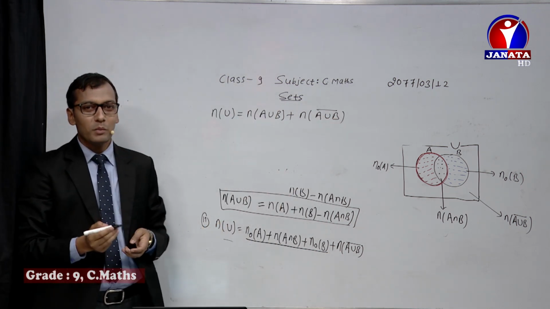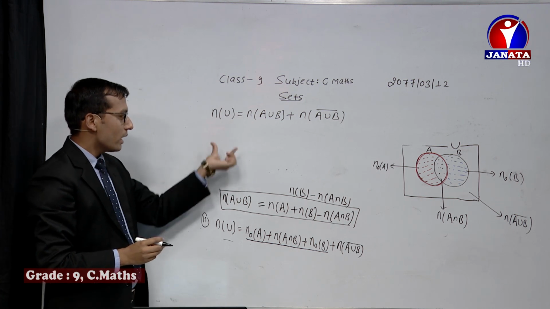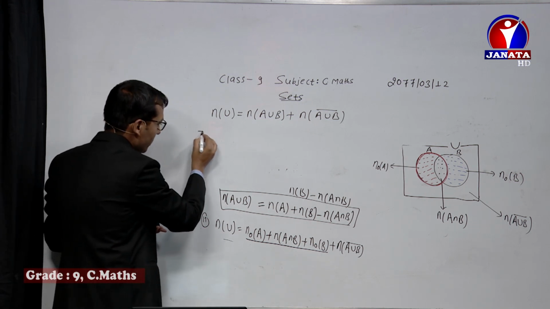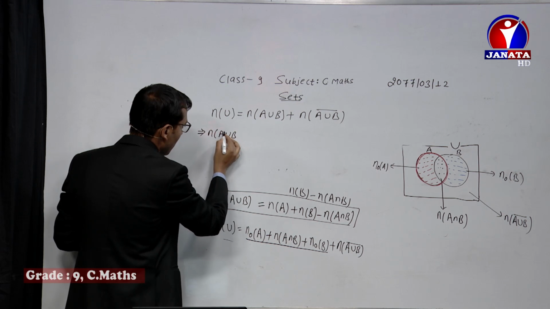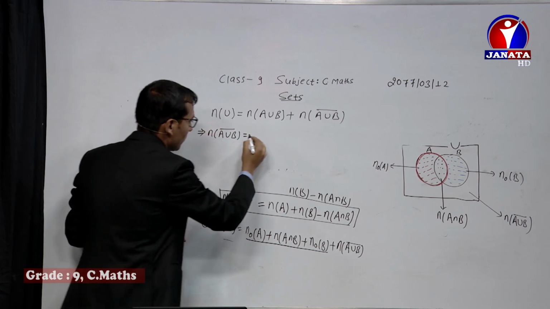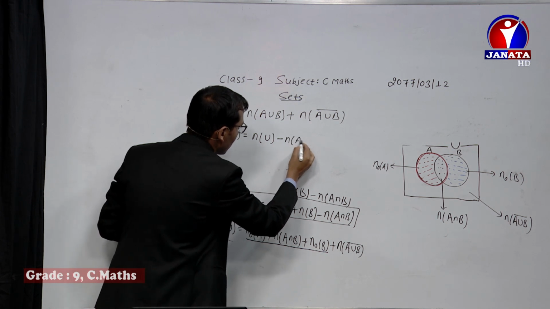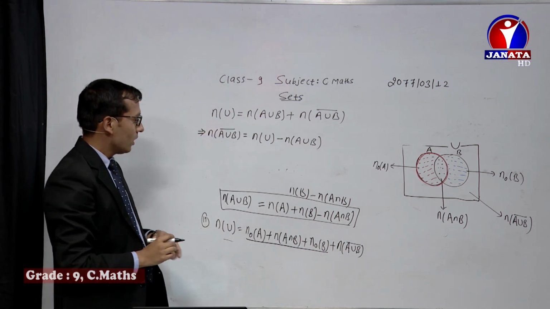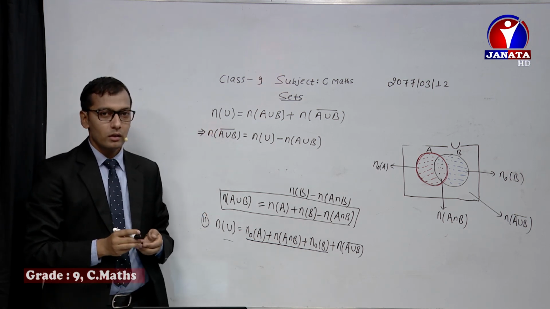So from this relation, now we can find out what is n of A union B complement. It gives n of A union B complement is n of U minus n of A union B. So this is another formula we can use in the exercise.